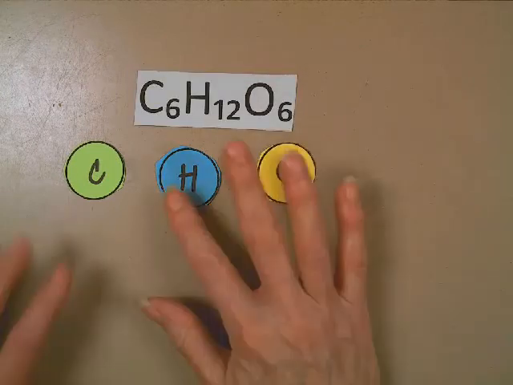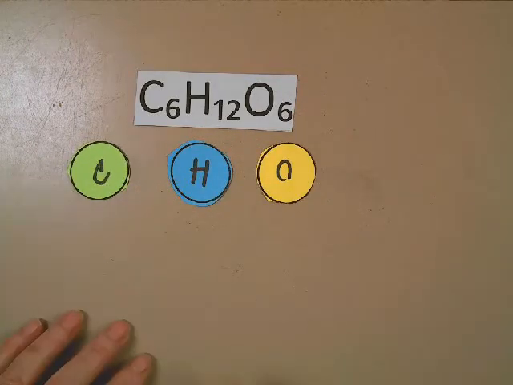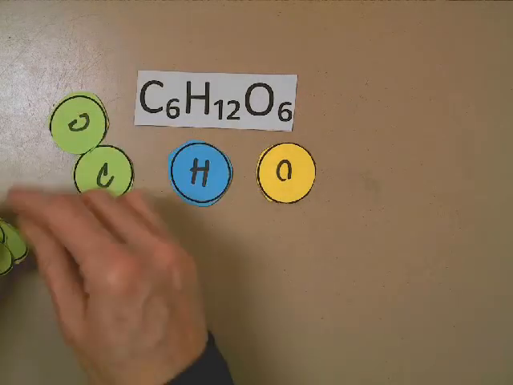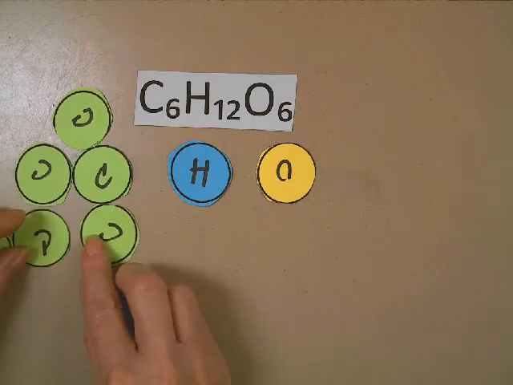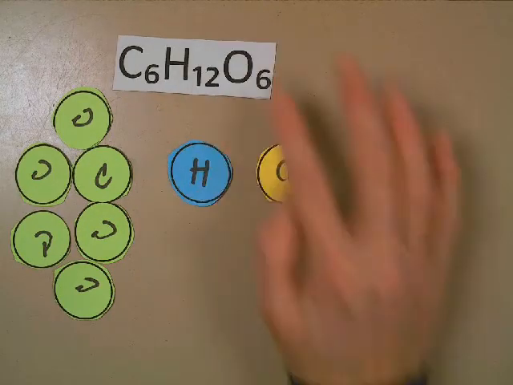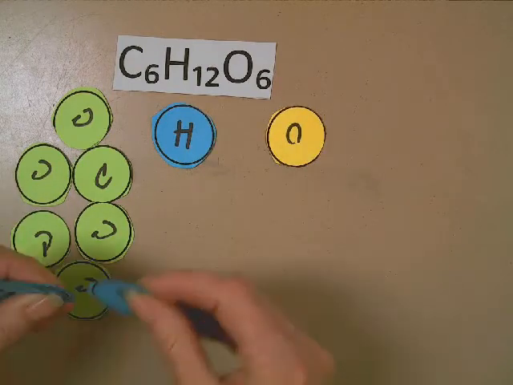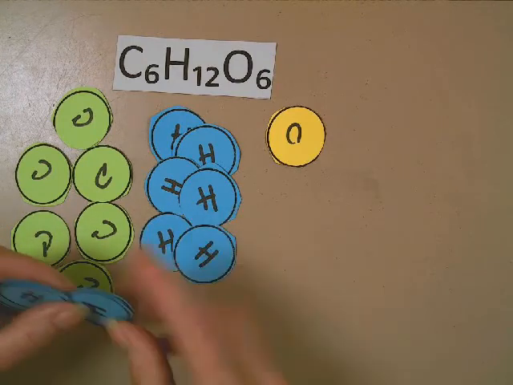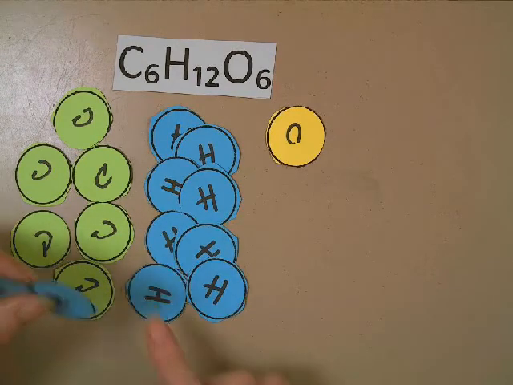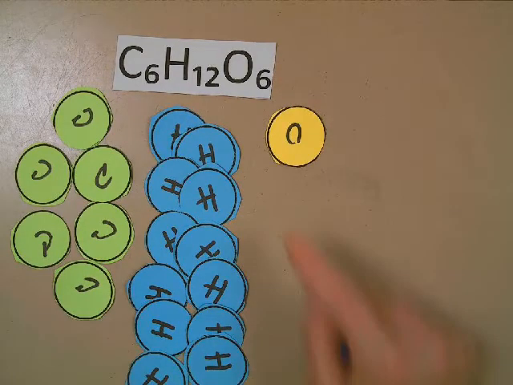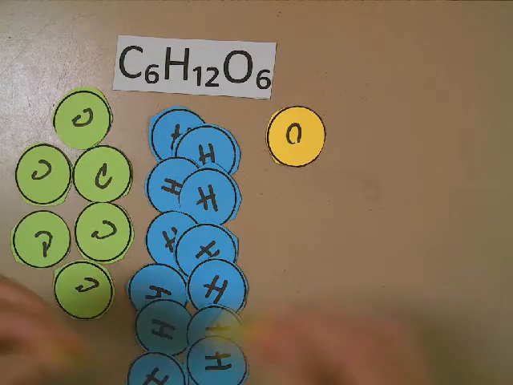But how many carbon atoms are there? The little subscript says there are 6. How many hydrogen? Woo-wee, 12. 1, 2, 3, 4, 5, 6, 7, 8, 9, 10, 11, 12. 12 hydrogen atoms. And how many oxygen? 6.